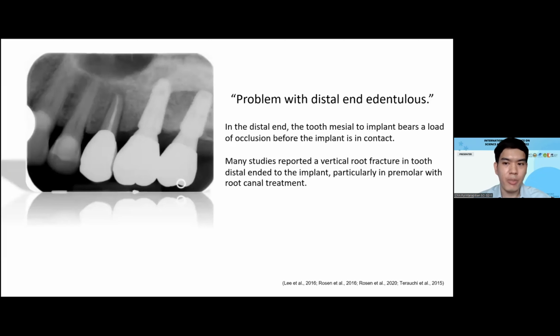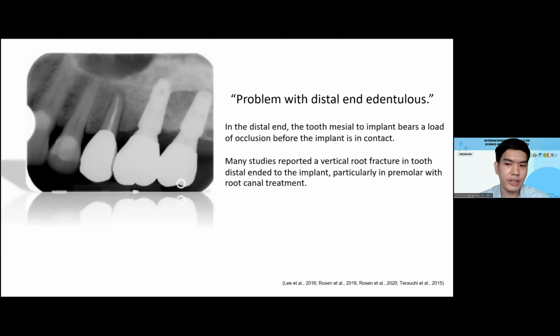So many studies report vertical root fractures in teeth adjacent to distal end implants, particularly in premolars with root canal treatments. Rosen and others also suggest that having lighter implant contact in the distal end may cause overloading on the adjacent tooth near the implant.